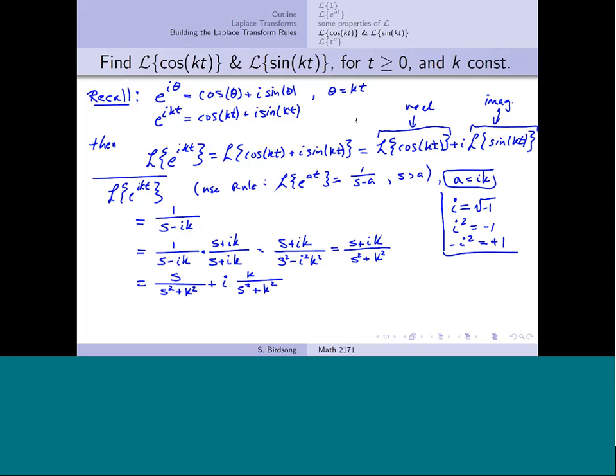Now, I'm going to claim at this point, this tells us exactly what the Laplace transforms are for sine and cosine. They are both going to be over s squared plus k squared. Now, if we distinguish between the two of them, anybody got what the top of cosine should be?